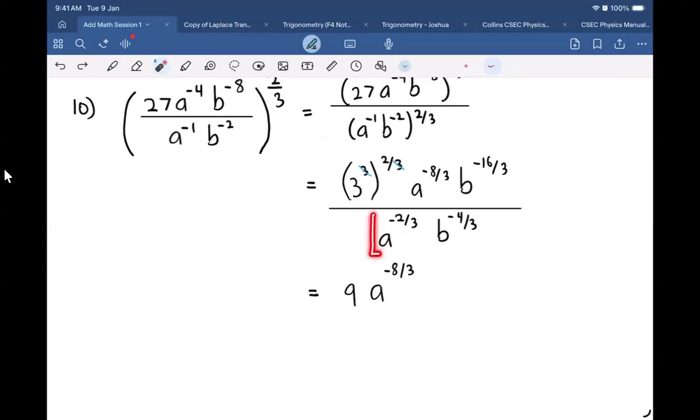So if I take this and bring it up, what will happen to the sign? It would turn positive. So it'll be minus 8 over 3 plus 2 over 3, correct? And then this would be b to the power minus 16 over 3 plus 4 over 3.